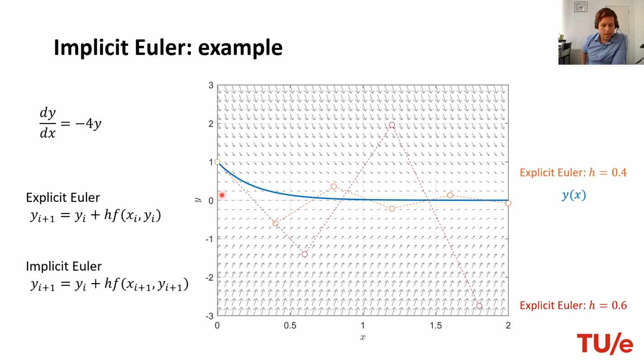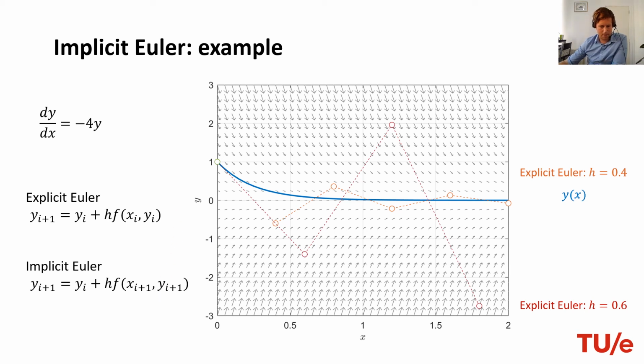Now, instead of applying explicit Euler here, where we update the solution based on the current slope or current information in step i, which would be drawing this line over here, we try to draw a line such that this line has a slope which is tangent to the direction field at step i plus 1.